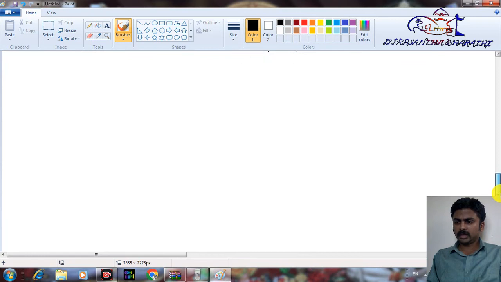So I shall write it here separately. The eigenvalues are lambda equal to 2, then lambda equal to minus 1, and again lambda equal to minus 1.